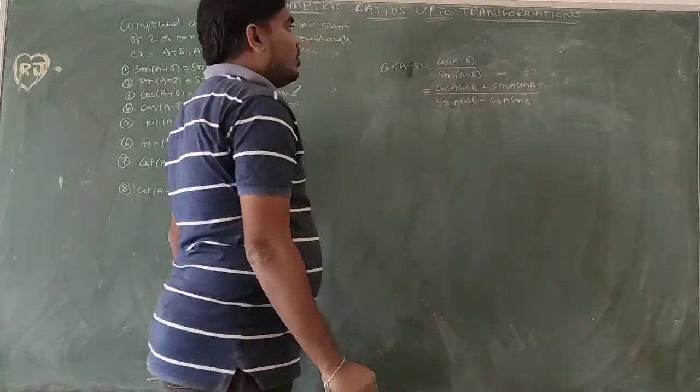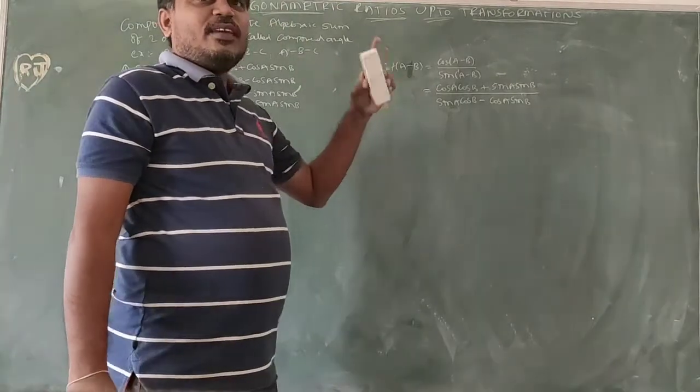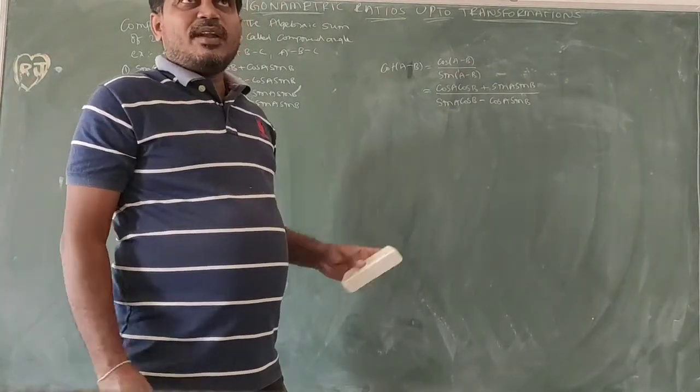So now we need it in terms of cot. Previously, in terms of tan, the denominator was cos.